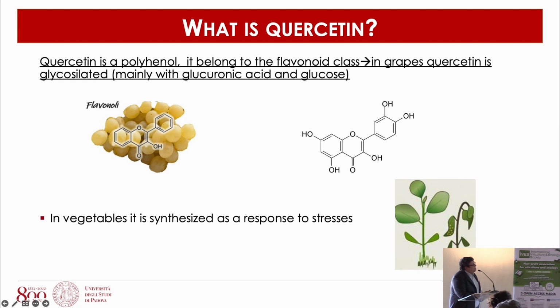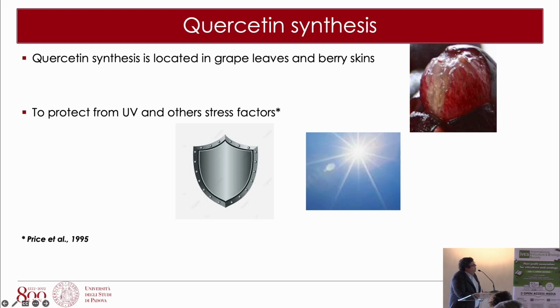And in general, quercetin is produced as a response to stresses, in particular stresses like UV.